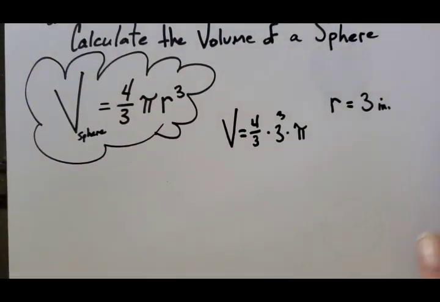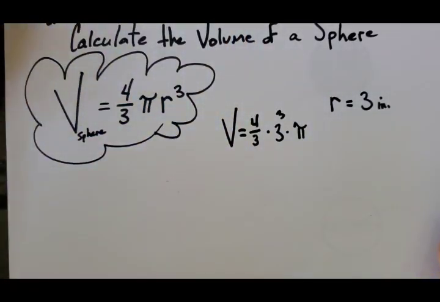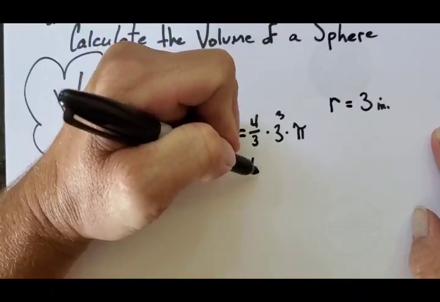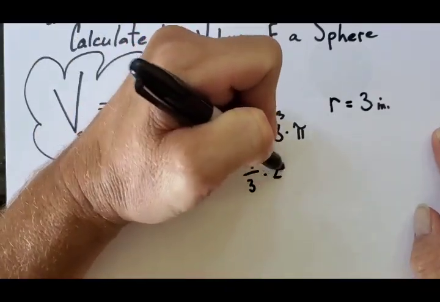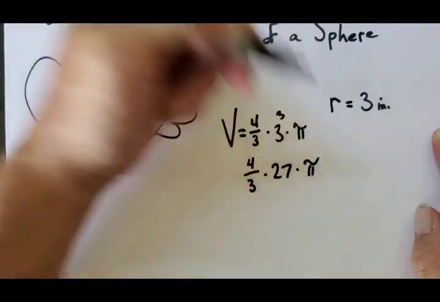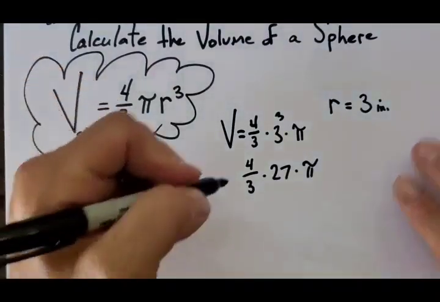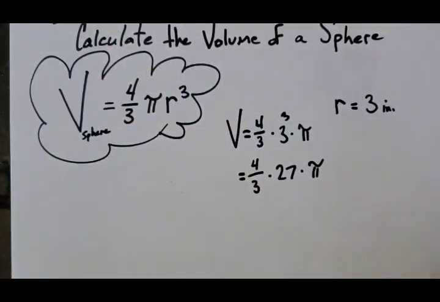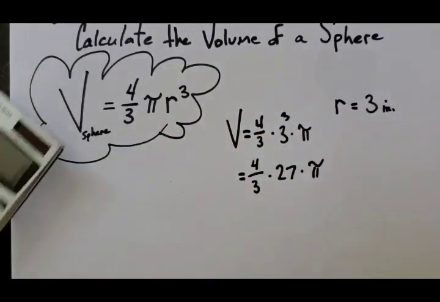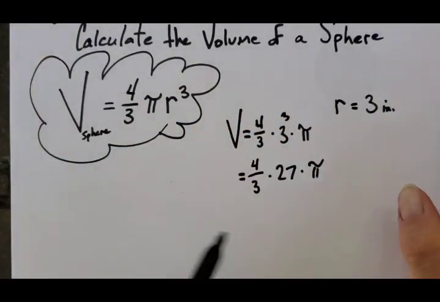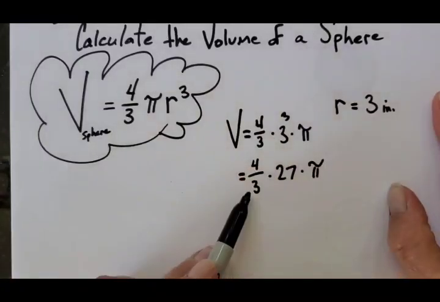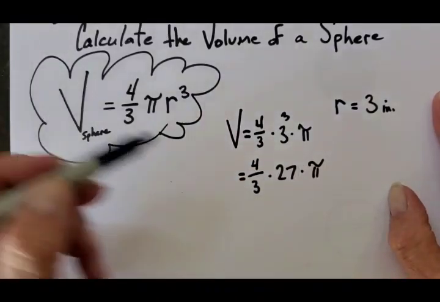3 cubed is not 9. 3 cubed is 27. So we've got 4/3 times 27 times pi. And again, you don't have to just sit there hugging your calculator and crunching the numbers on every step. Look what I've done. Now that I've simplified this, I can now simplify this part.